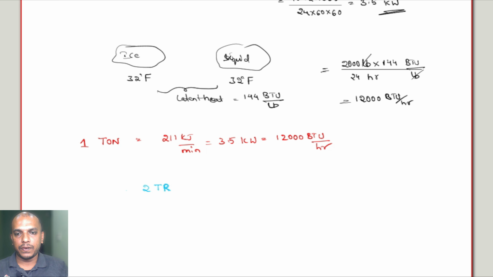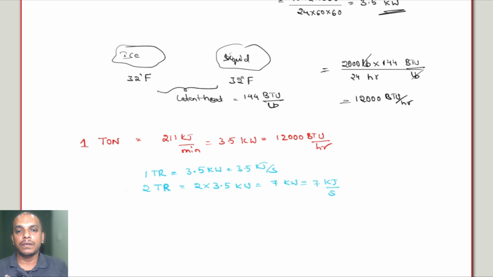If you have a 2-ton refrigeration air conditioner, it means 2 into 3.5 kilowatt, which says that it is removing 7 kilowatt, which means it is removing 7 kilojoules every second. So, that will be faster cooling. If you have 1 TR, it will be removing the heat at 3.5 kilowatts, which is 3.5 kilojoule per second.